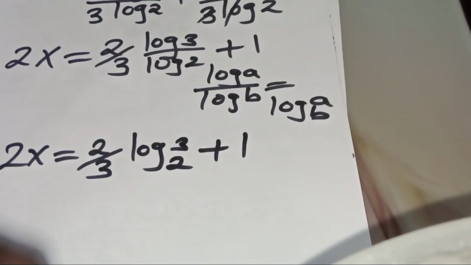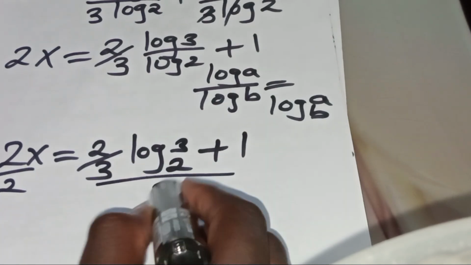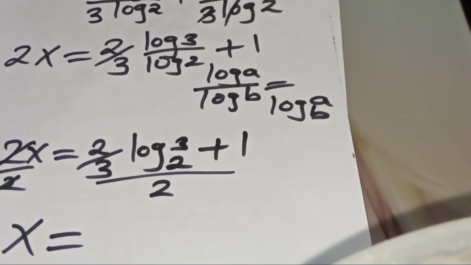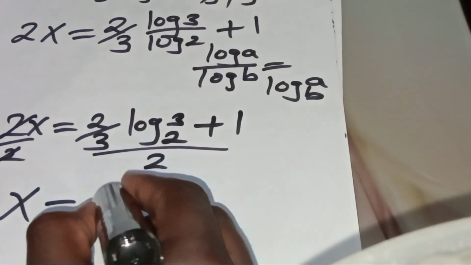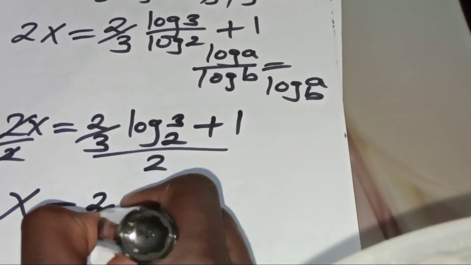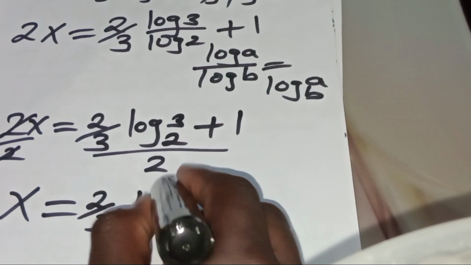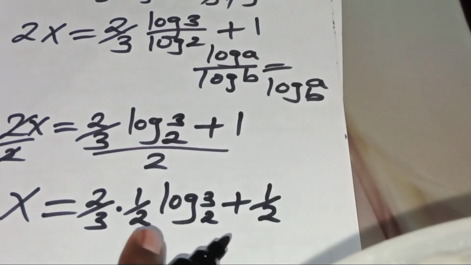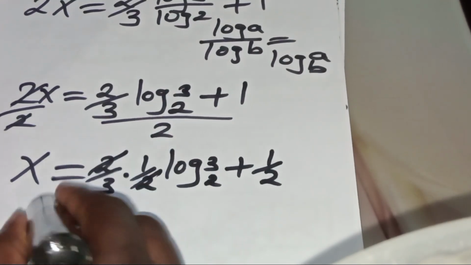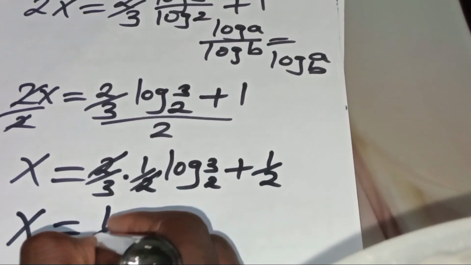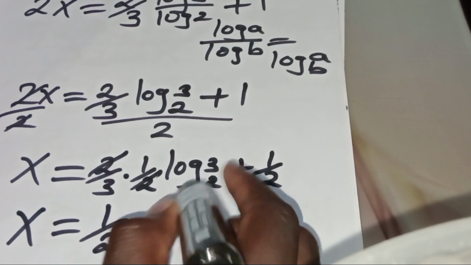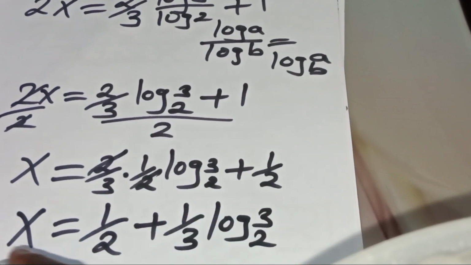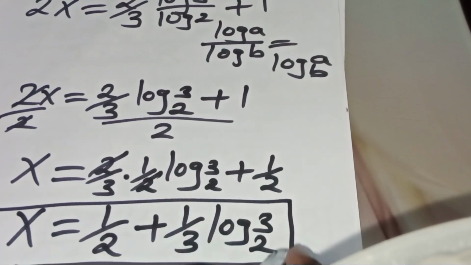We divide both sides by 2 to determine the value of x, and that means x is equal to 2 over 3 multiplied by half log 3 to base 2 plus half. If you simplify here, x is basically equal to half plus a third log 3 to base 2. This is the value of x.